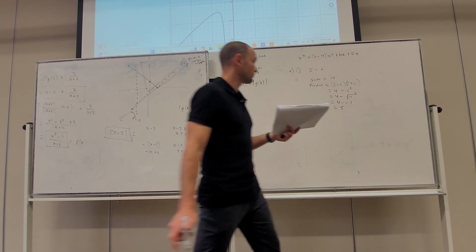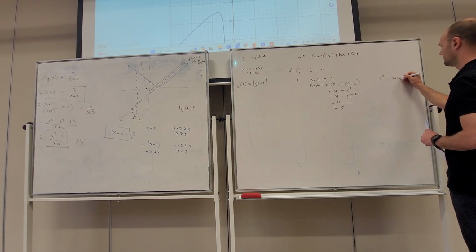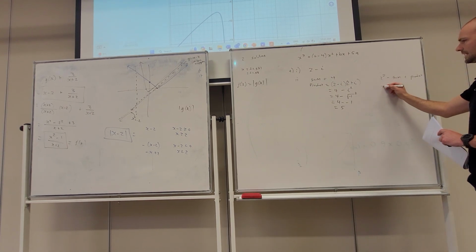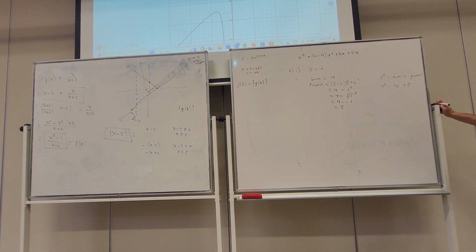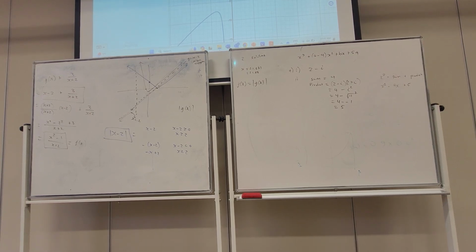So that means the quadratic factor is going to be x squared, take the sum times x, plus the product. So it's x squared take 4x plus 5. Alright, so 2 marks there.